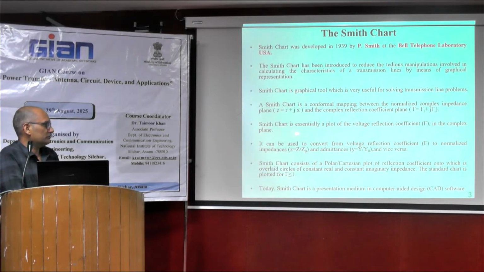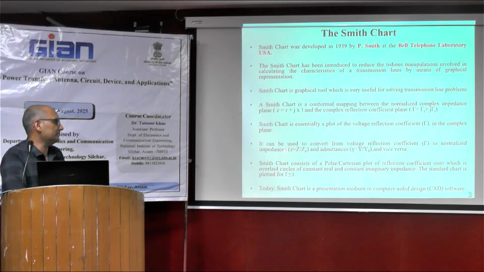It can be used to represent the reflection coefficient in terms of impedance, or impedance in terms of reflection coefficient, in terms of admittance, admittance in terms of reflection coefficient. All of these are possible in a Smith chart.